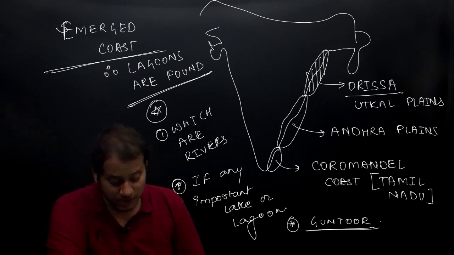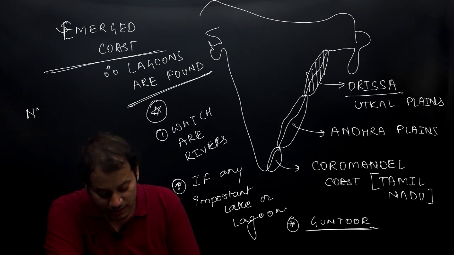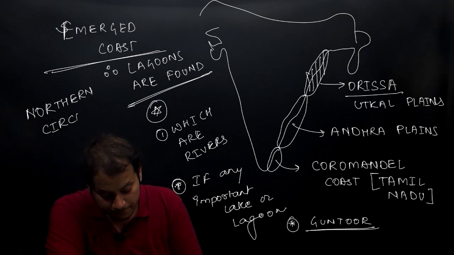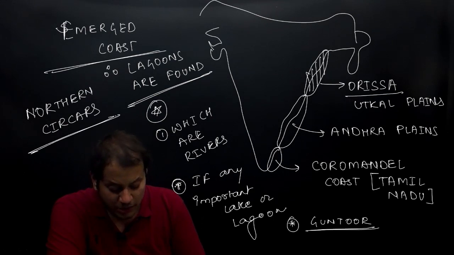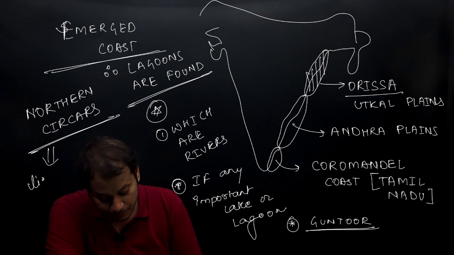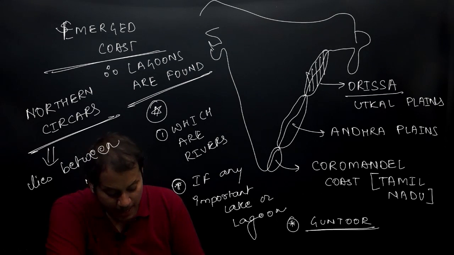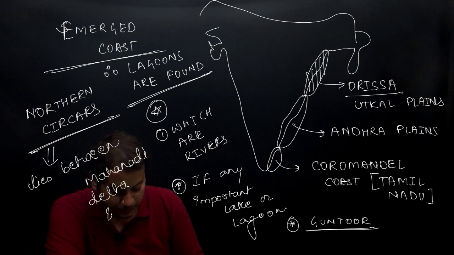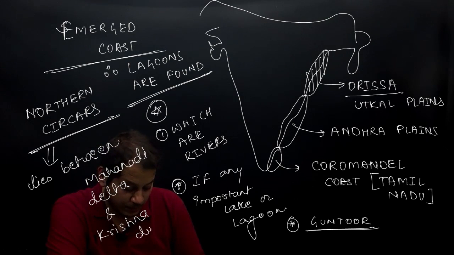Sometimes this area is also known as Northern Sarkars. Remember, Northern Sarkars is a coastal plain which lies between the Mahanadi delta and the Krishna delta.